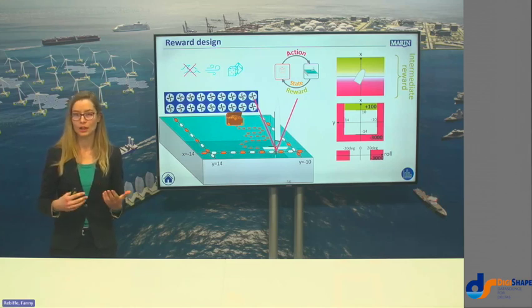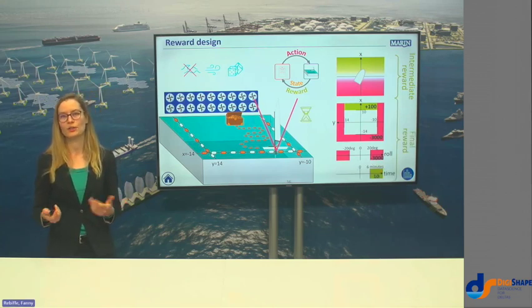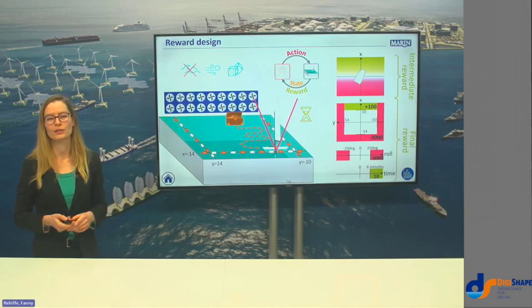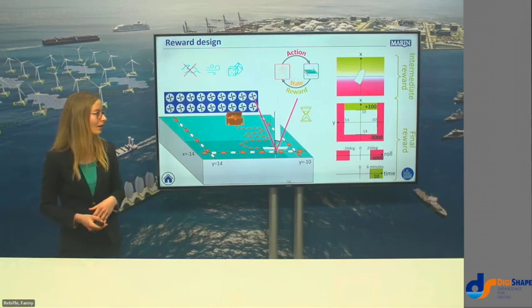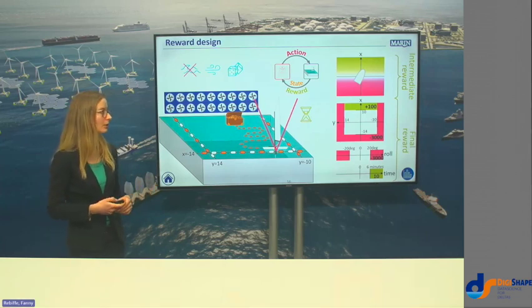So an end condition and a penalty for too high roll motion, and a bonus if the agent managed to survive more than 6 minutes without hitting the walls or having a high roll motion. So those are the final rewards.